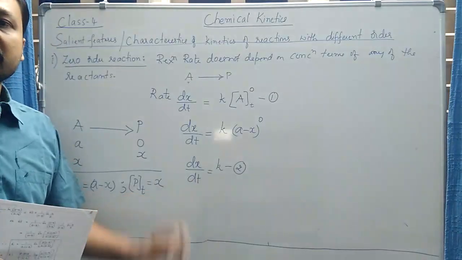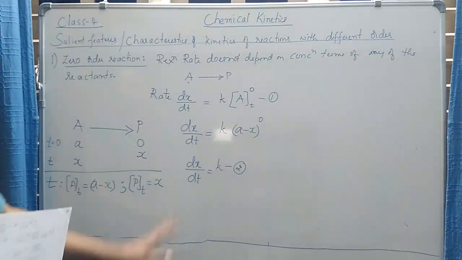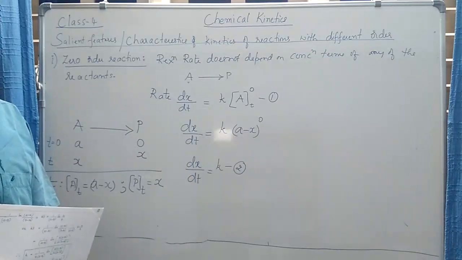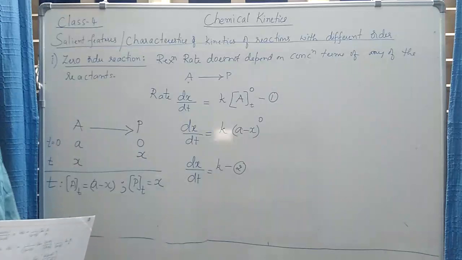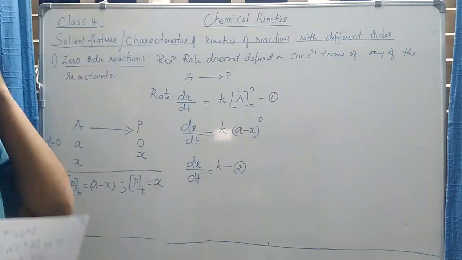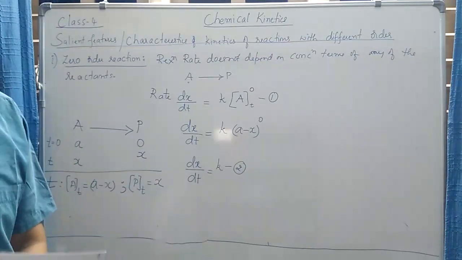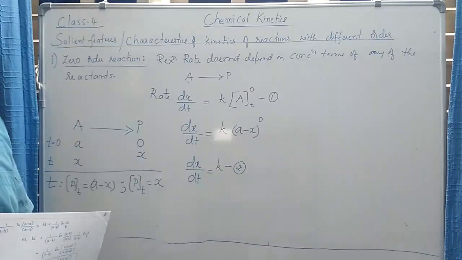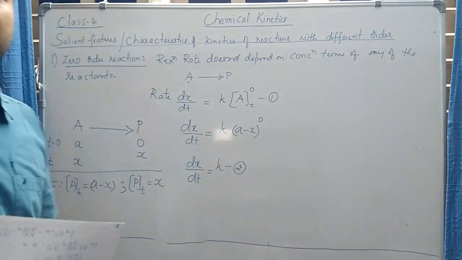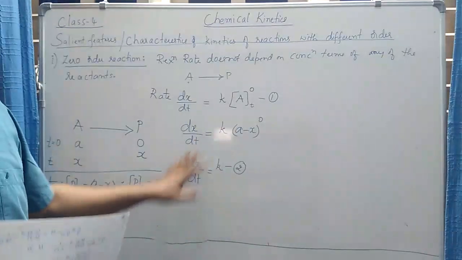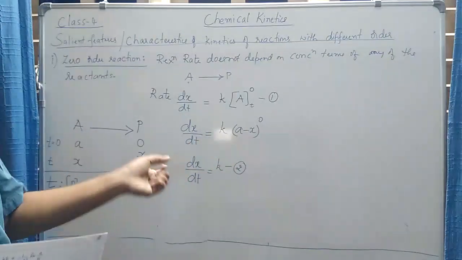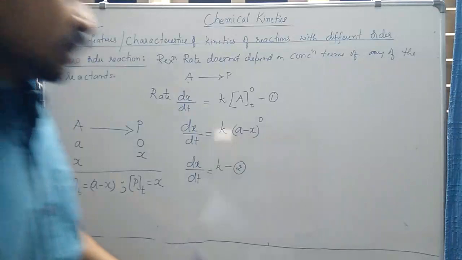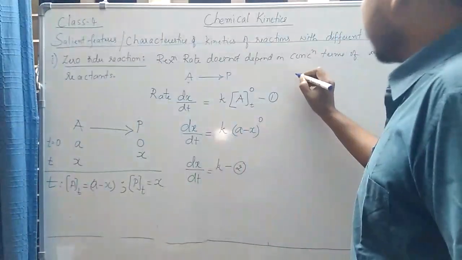Now this equation is in the differential form. Generally we express the rate of the reaction or the kinetics of a reaction in the integral form, because integral form is very easy to analyze and also very easy to express in graphical form. So let us rewrite this equation and try to integrate it and obtain an integral form.